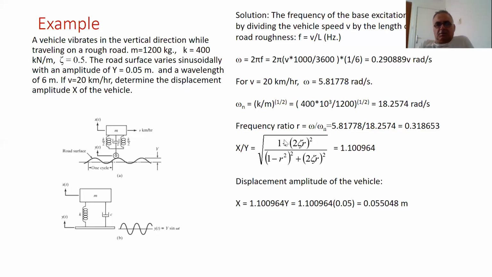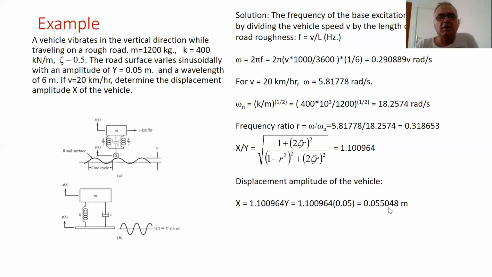Now the amplitude ratio, or the transmissibility of the car, if you substitute all the values of zeta and r, you find that eventually it is 1.1. So x over y is 1.1, which means that x is equal to 1.1 y, which comes out to be 0.055 meters or 5.5 centimeters.